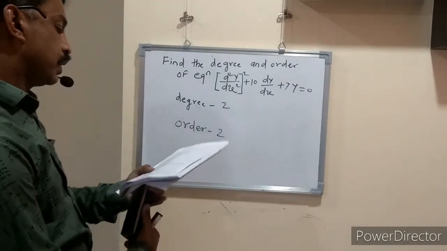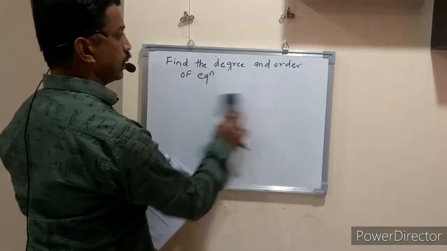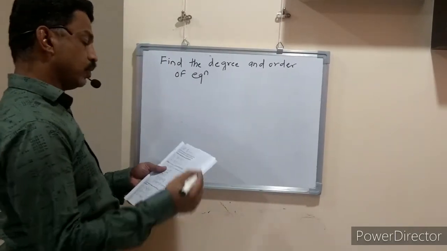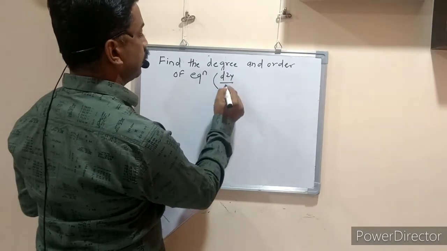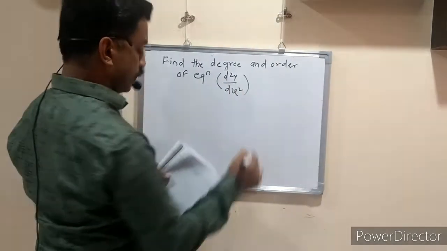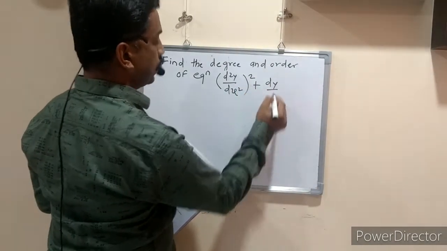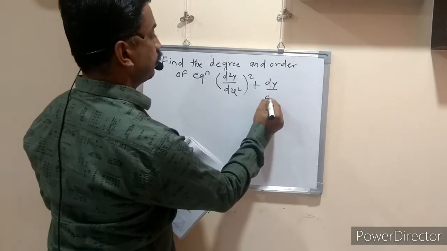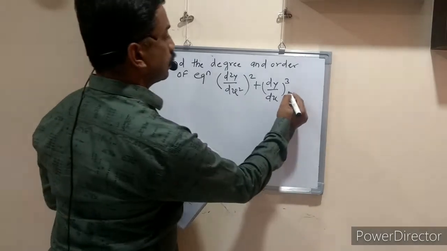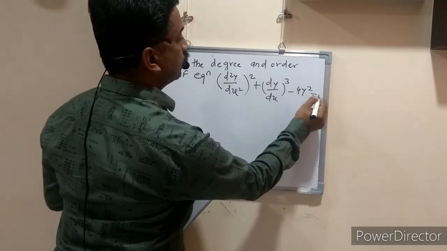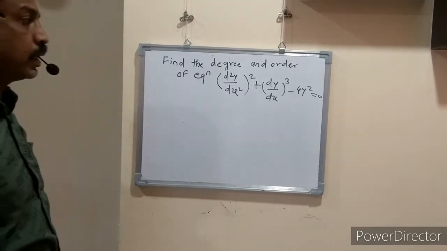Now we take one another example also. You can also take different examples and you can easily do at home also. Suppose we say that d2y by dx square bracket square plus dy by dx bracket cube minus 4y square equal to 0. Now here also we want to find out the degree and order of the equation.